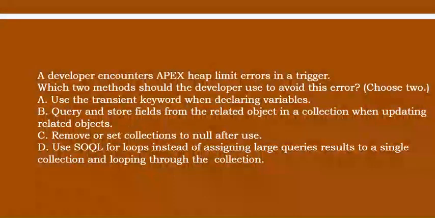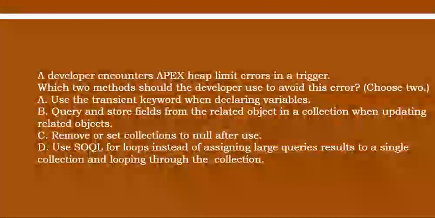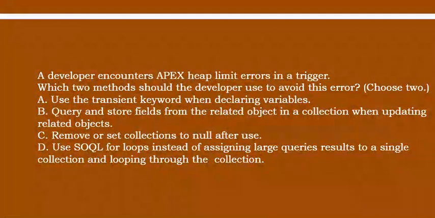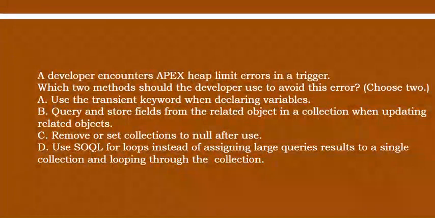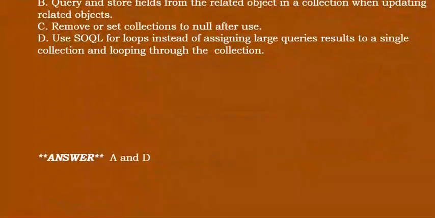Option B. Query and store fields from the related object in a collection when updating related objects. Option C. Remove or set collections to null after use. Option D. Use SOQL for loops instead of assigning large query results to a single collection and looping through the collection. Correct answer is option A and option D.